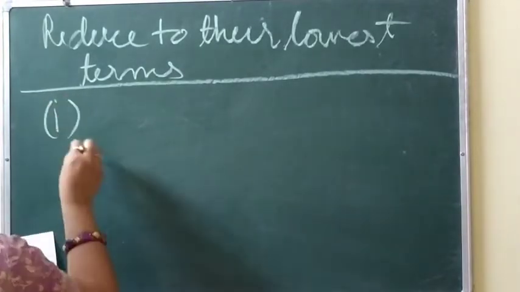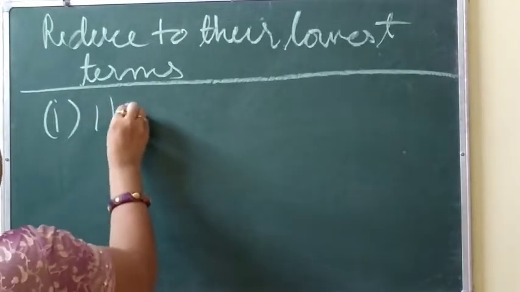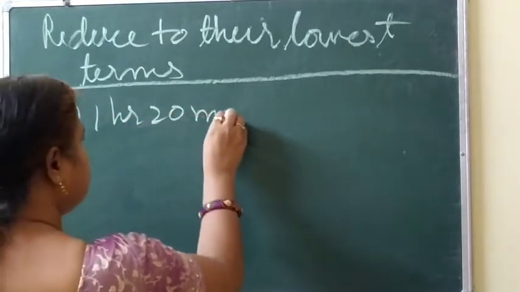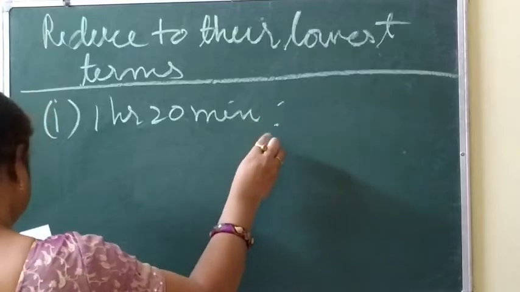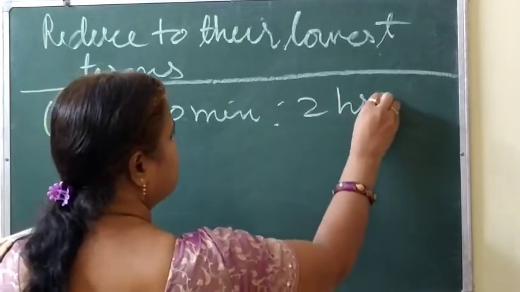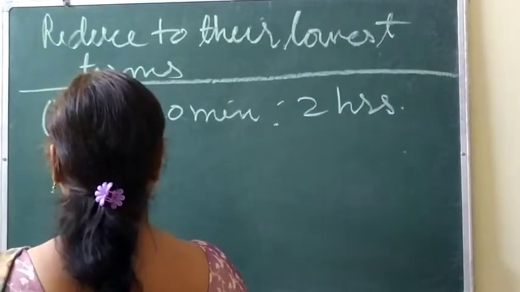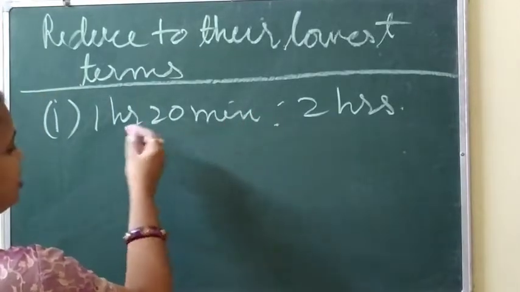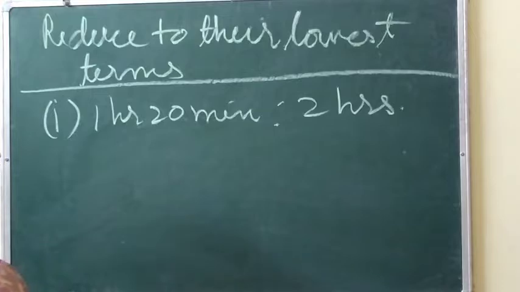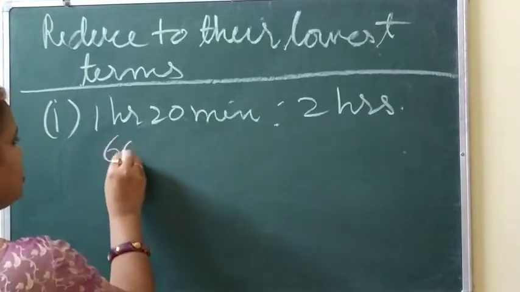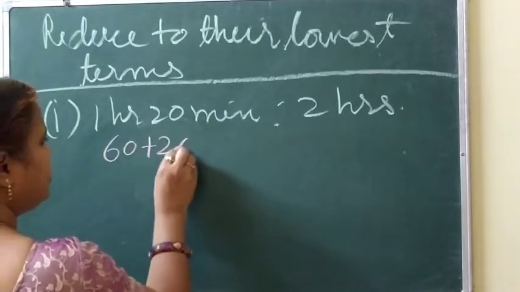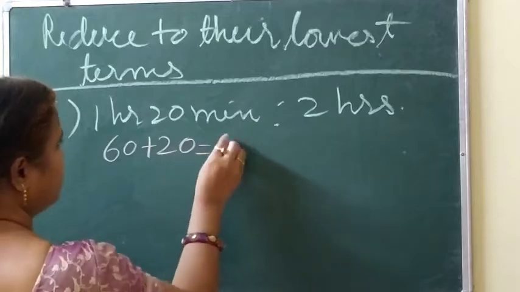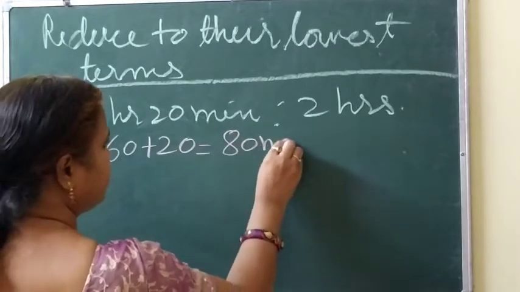So subpart 1. 1 hour 20 minutes is to 2 hours. Okay, this we have to find out. So we have to find the ratio between this and this. So first it's better to change it into minutes. 1 hour is equal to 60 minutes plus 20 minutes, and this is equal to 80 minutes. Clear?